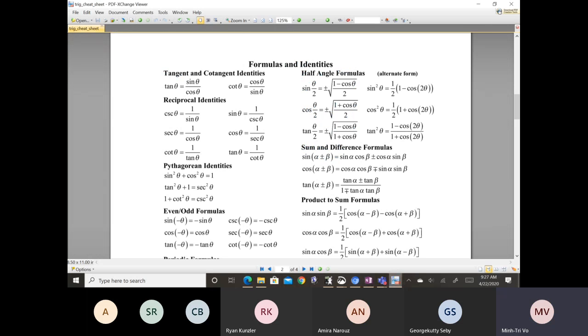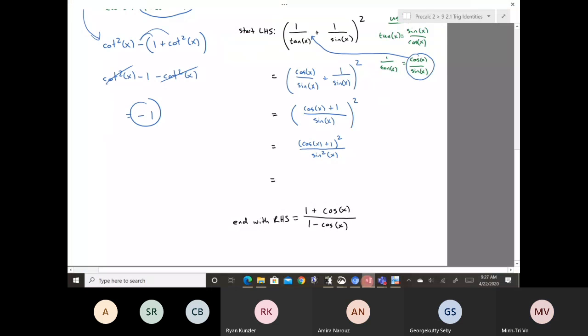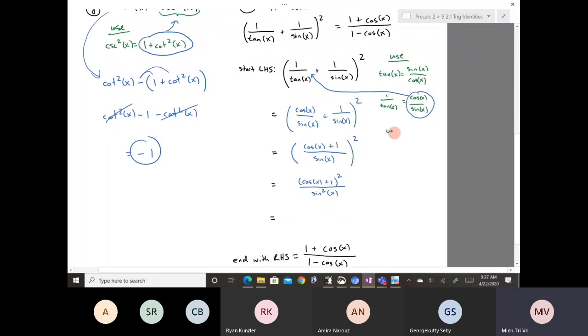Well, I have the Pythagorean identity. So sine squared plus cosine squared is equal to 1. So that's what I'm going to use. So sine squared x plus cosine squared x is equal to 1. But let's just write this in a slightly different form. So sine squared x is equal to 1 minus cosine squared x.